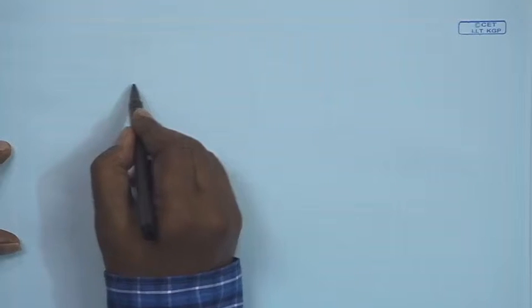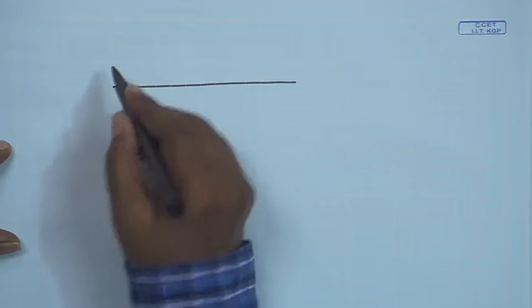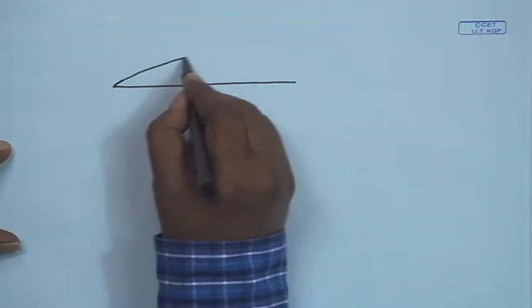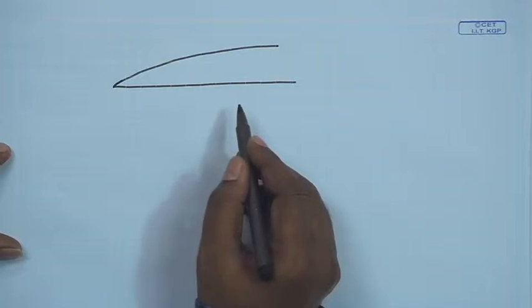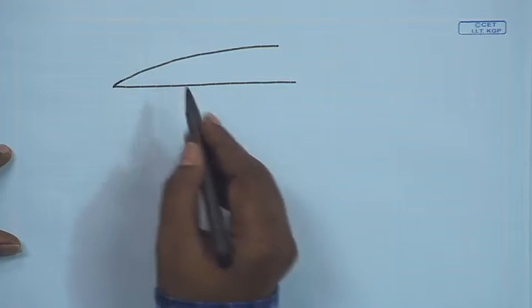Why the similarity solution is so important in case of boundary layer problems has to be very clear to everyone. Suppose we are talking about any boundary layer problem. Let us say we are talking about a mass transfer boundary layer in this case. So, the boundary layer grows over the wall or over the membrane surface.